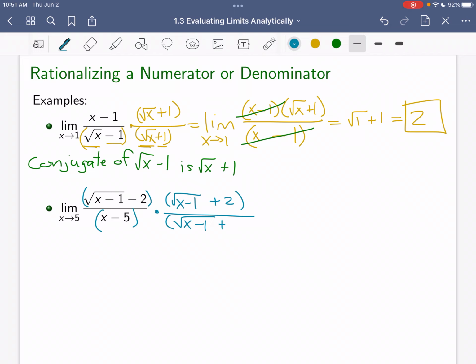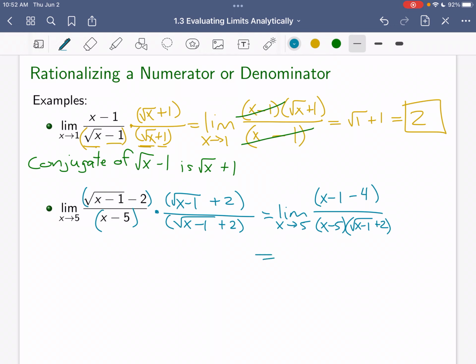So when we do one thing to the top, we have to do the same thing to the bottom. The top, then, if we FOIL that, we are going to end up with x minus 1 minus 4 over x minus 5 times the square root of x minus 1 plus 2.